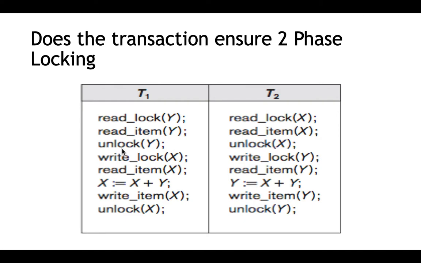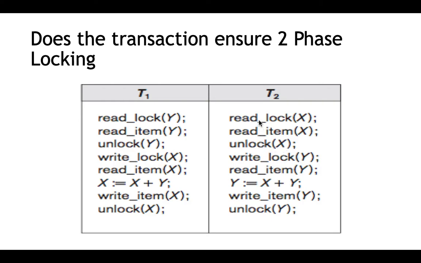Because in the two-phase locking protocol, all the required locks are acquired first, then we do the operations, and only after the operations are completed do we start unlocking the objects. But in this case, the unlock happens before this lock. So this does not ensure the two-phase locking protocol.